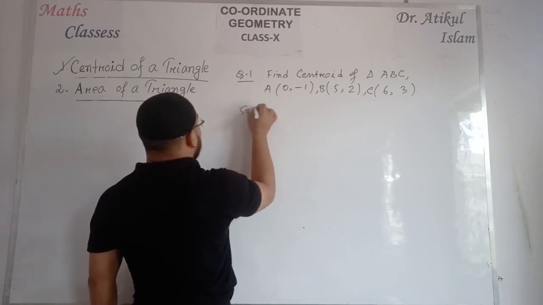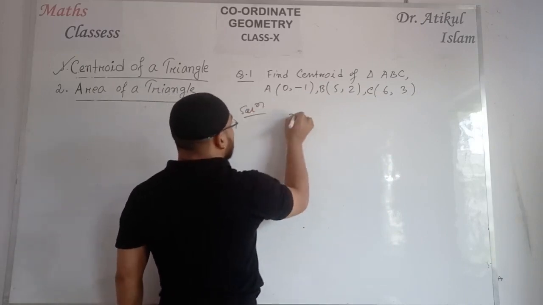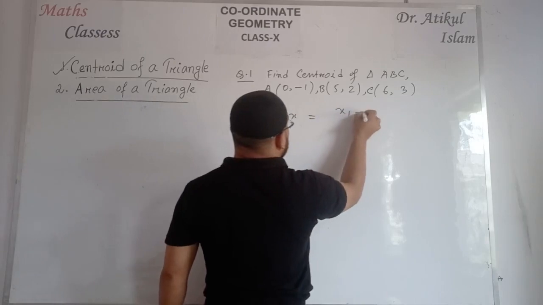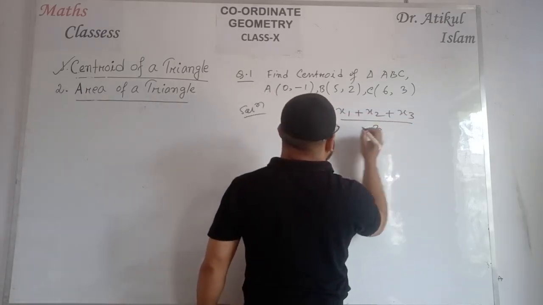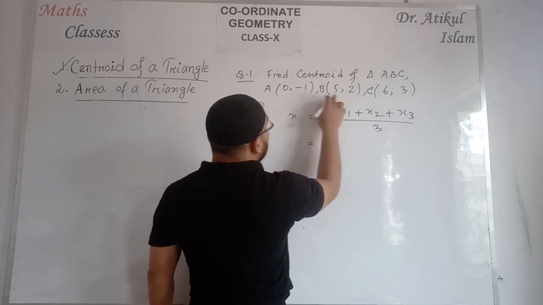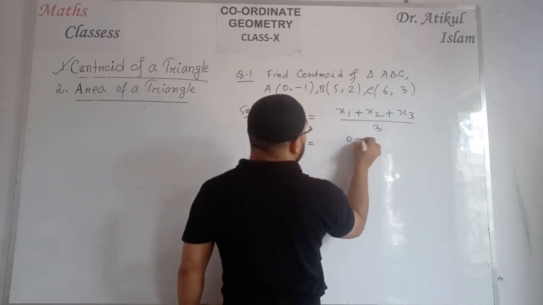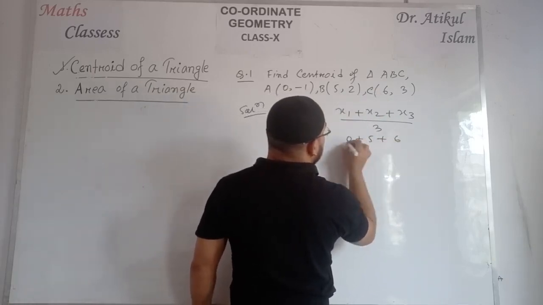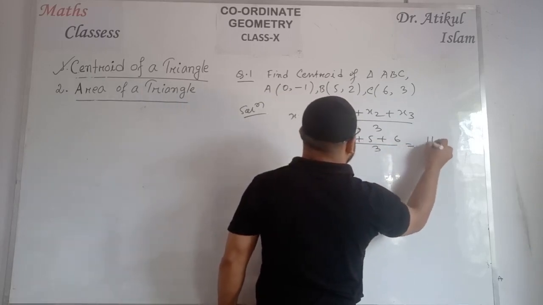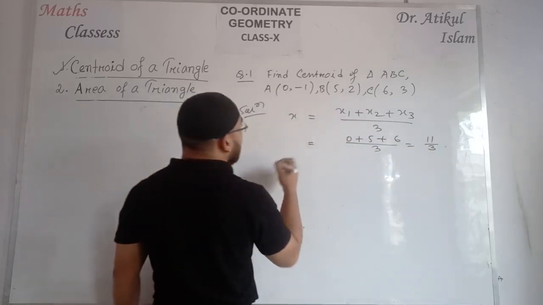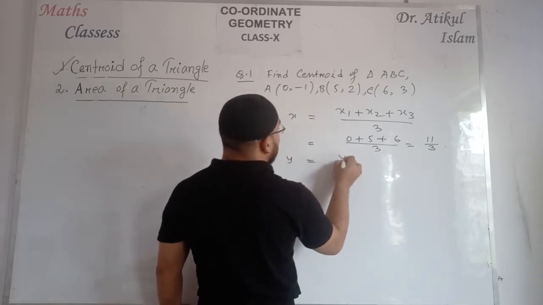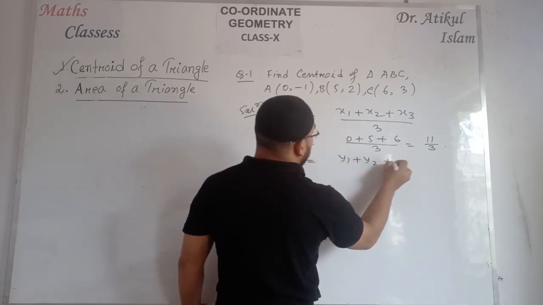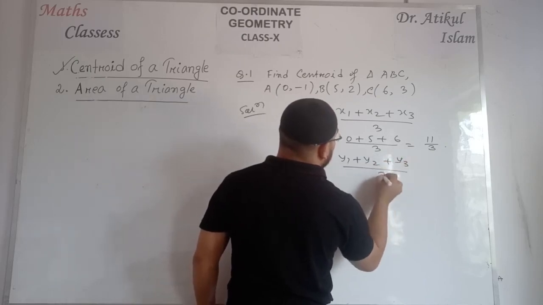So we know that the centroid formula is x1 plus x2 plus x3 by 3. So this is your abscissa. So 0 plus 5 plus 6 divided by 3, which is 11 by 3. And your ordinate is y1 plus y2 plus y3 by 3.